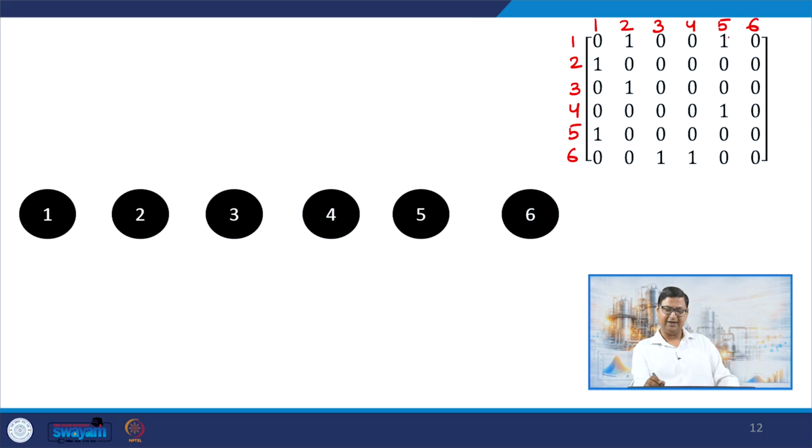That means from 1 I can go to 2, and from 1 I can also go to 5.